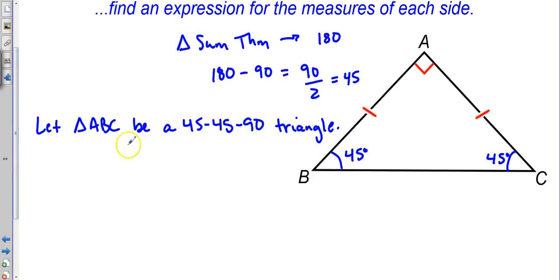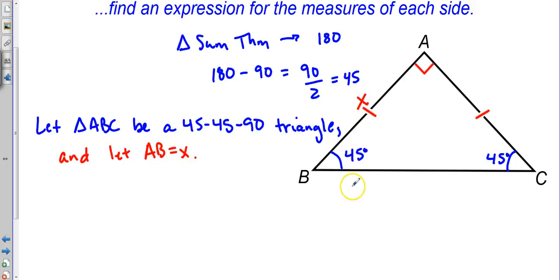So the next thing we're going to do is attach a variable to one of these side lengths so that we can show that no matter what the measure is, we've got a relationship between the side lengths. So let triangle ABC be a 45, 45, 90, and let's start with AB, the side have a length of x.